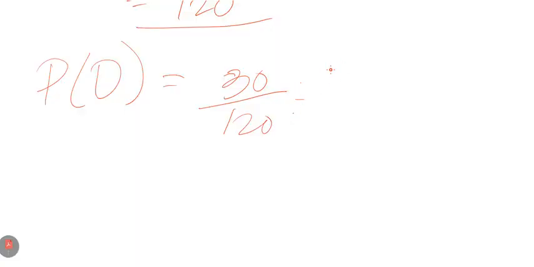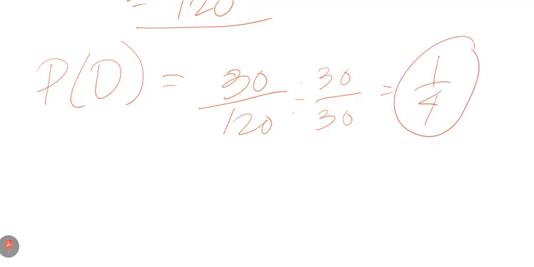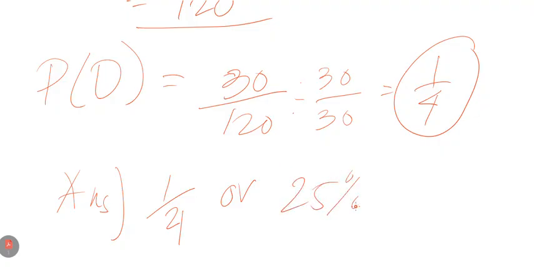Dividing by 30, that is equal to 1/4. So the answer is 1/4, or 25%.